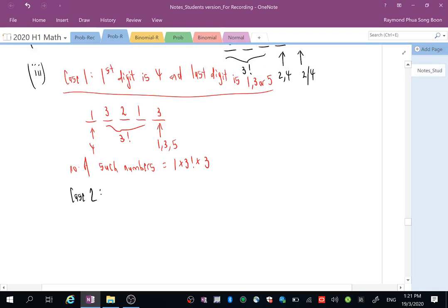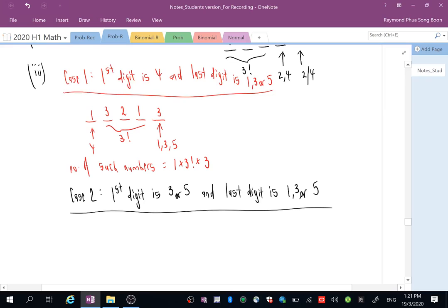For case 2, in order for the number to be greater than 30,000, my first digit can, other than taking on 4, also take on 3 or 5, and my last digit, in order for it to be an odd number, must still be either 1, 3, or 5.